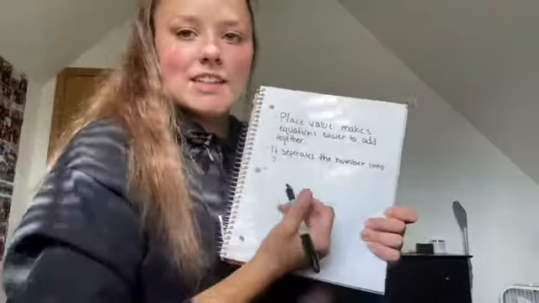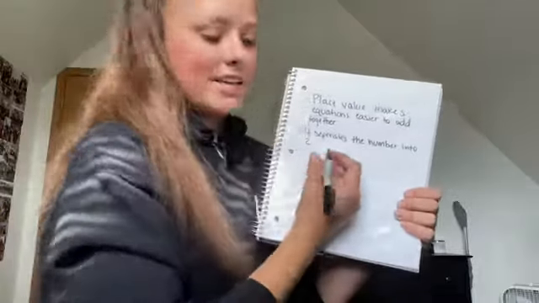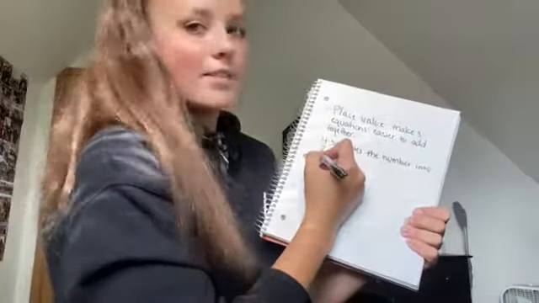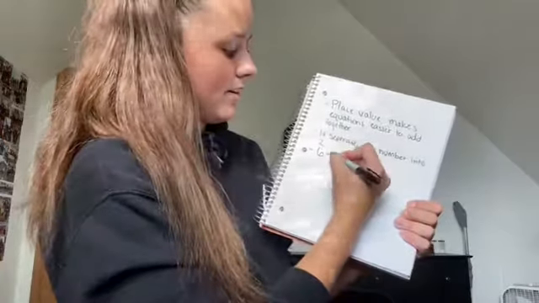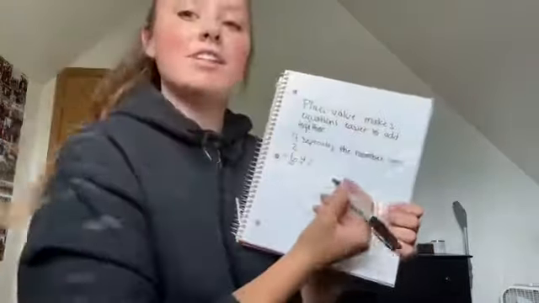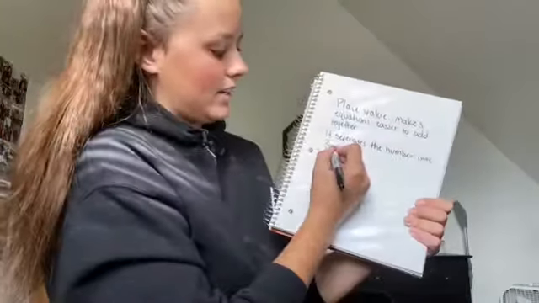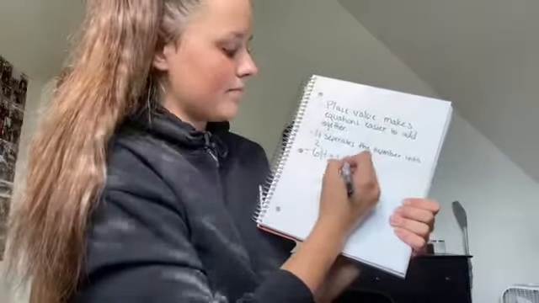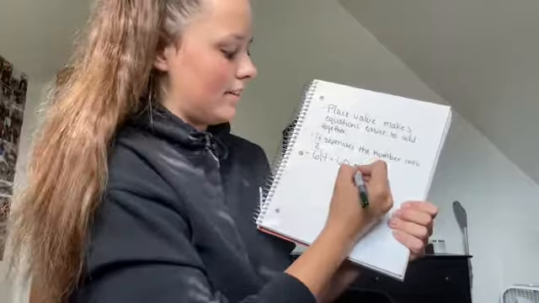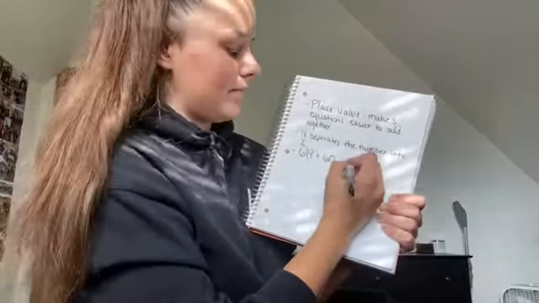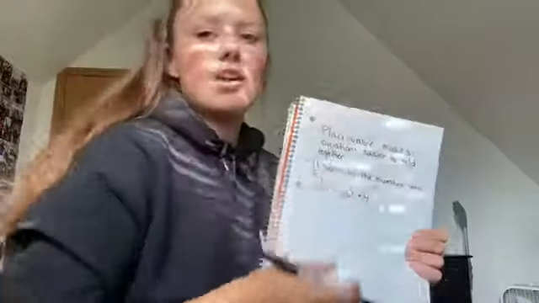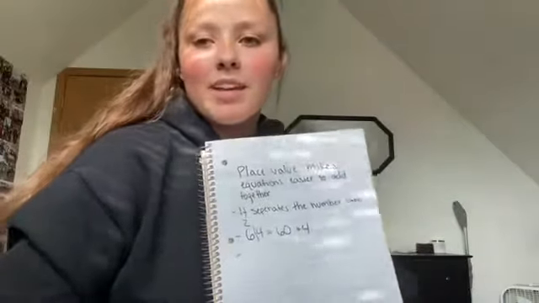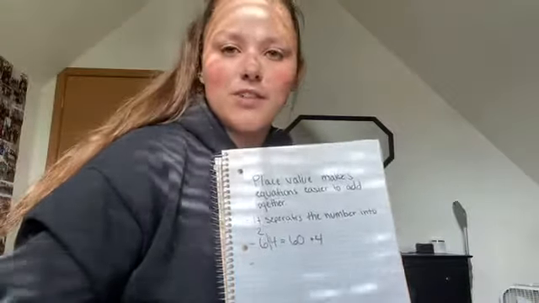So, can someone give me another example of that? So we have 64. It then turns into, you can split it into 60 and 4. Good job. So what other ways is using place values easier?